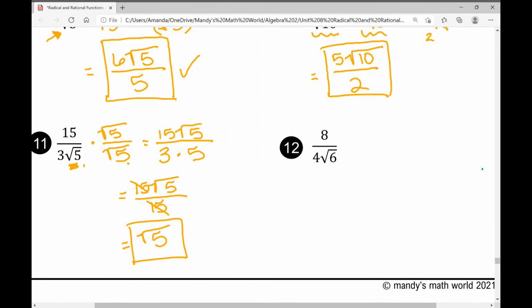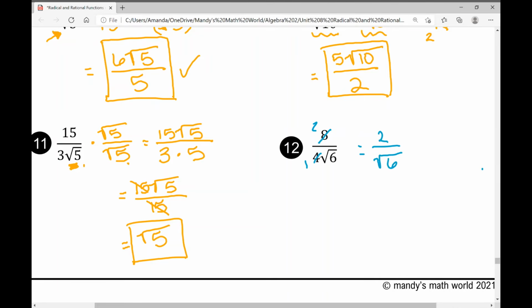In example number 12, we have 8 divided by 4 root 6. So you can solve this the exact same way we just solved number 11, or you could simplify it beforehand if you want. For example, 8 divided by 4 is the same thing as 2 over 1. So I can simplify what's in front of the radical and my numerator, and I can rewrite it as 2 over the square root of 6.